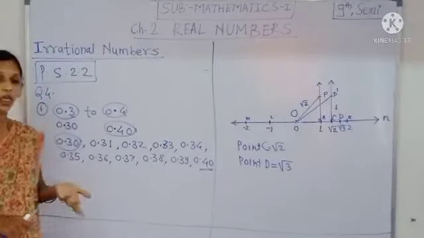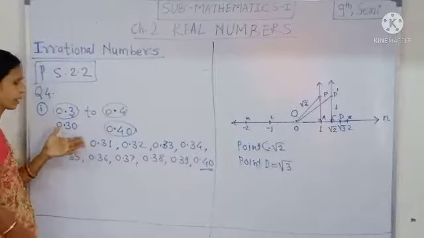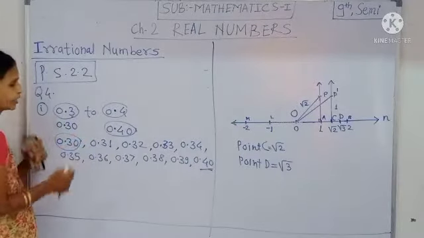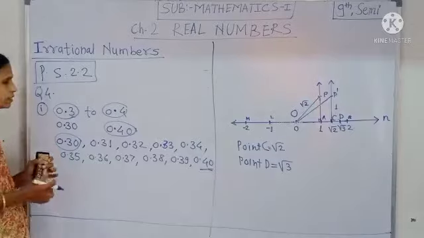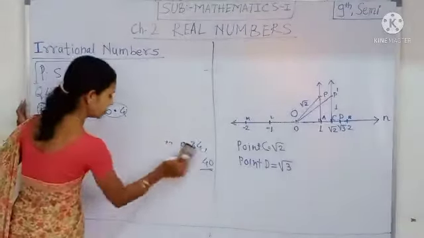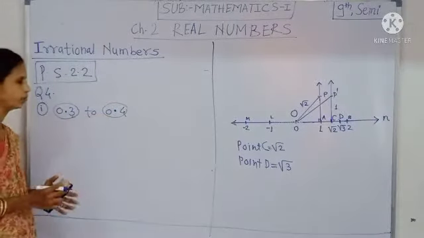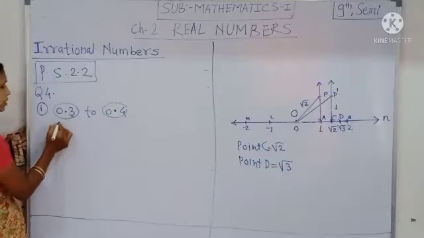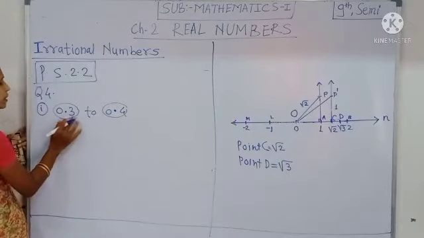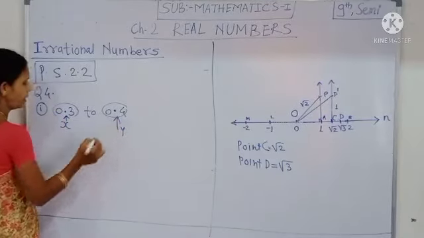Then similarly, you can find the rational numbers between two given rational numbers. As well as that, there is one more method to find rational numbers between two given rational numbers. See here, let us consider 0.3 as x and 0.4 as y.